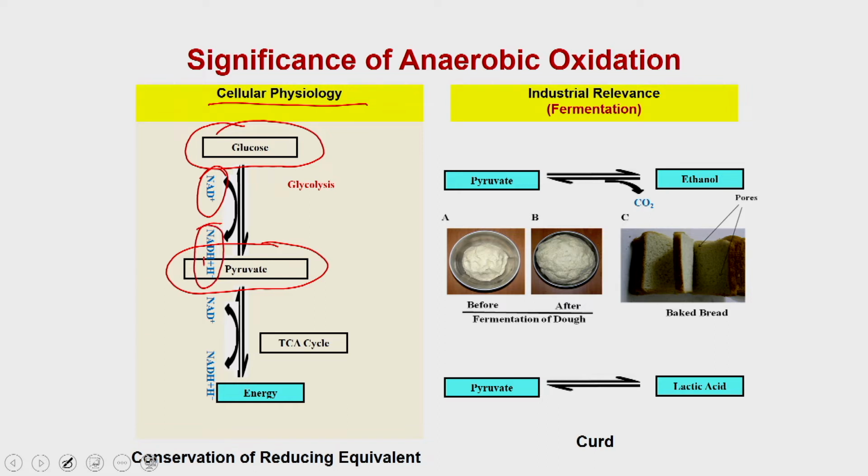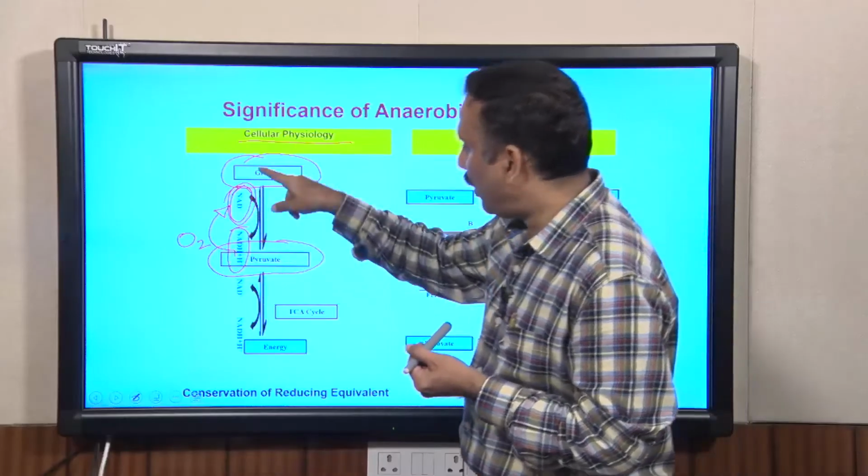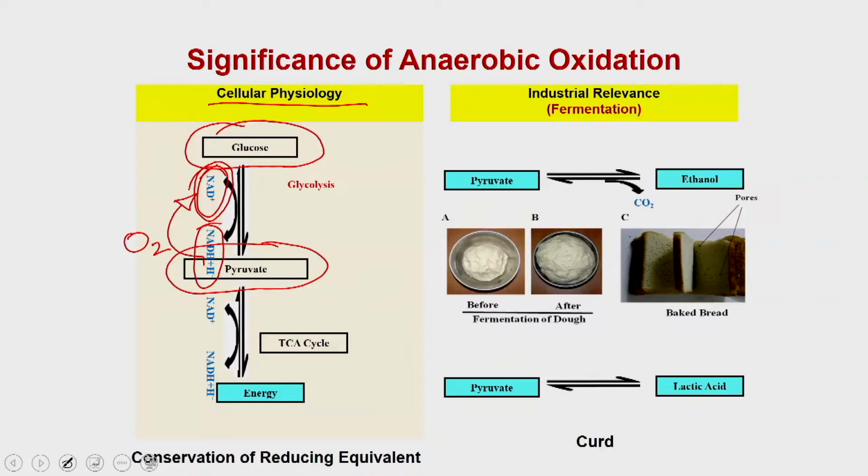This NADH will be converted back into NAD plus only if oxygen is present. But since oxygen is not present, if all the NAD plus gets converted into NADH, only NADH is going to be present, but there will be no NAD plus present.